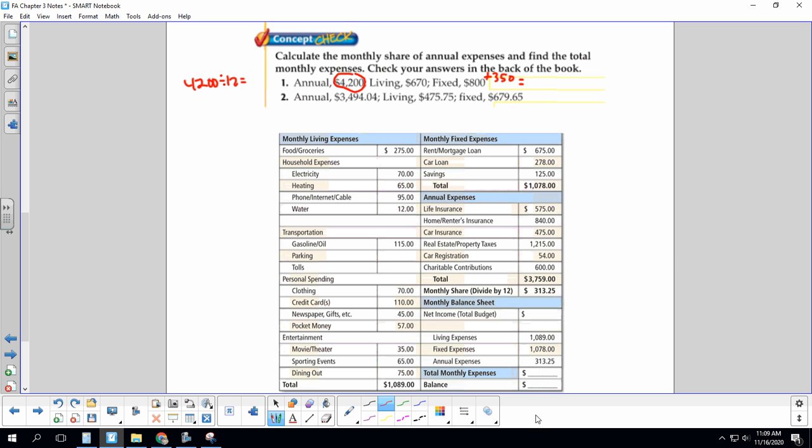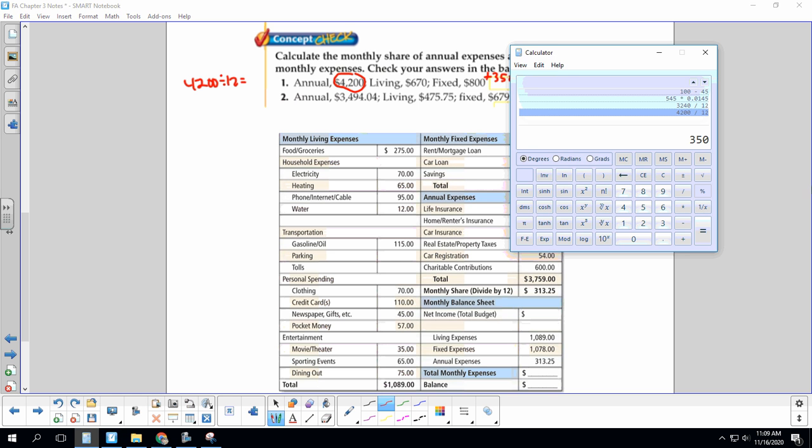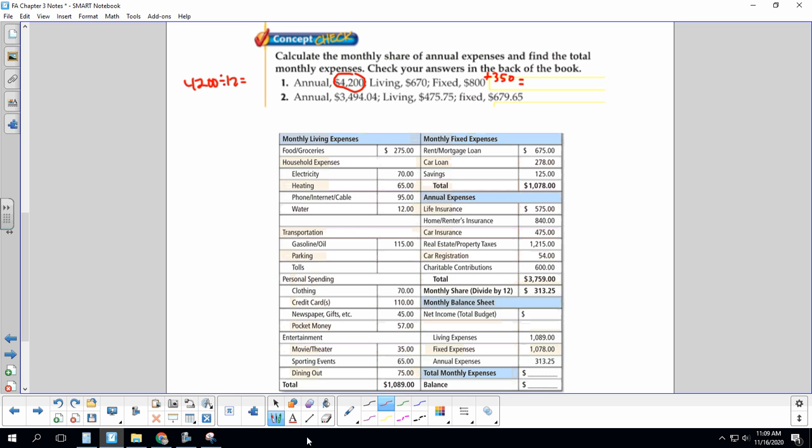And we're going to add it to our living and our fixed expenses. So plus 670 plus 800. And our total budget is $1,820. So we're going to need $1,820 to pay our bills for the month.